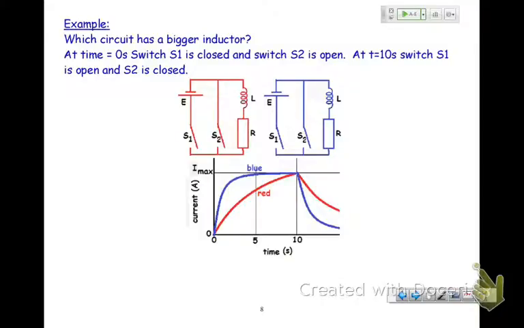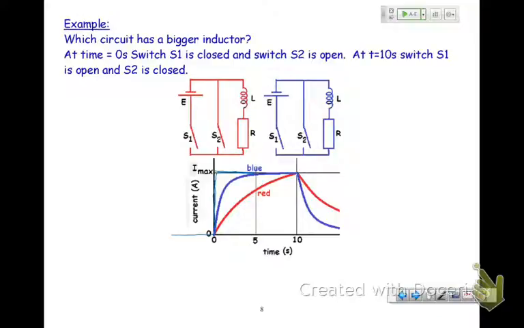Conceptual question here. Which circuit has the biggest inductor? Well, we're looking at the graph, aren't we? This thing has been 0 until you turn it on, and then I think it would go straight up immediately to the maximum value, but it doesn't. It gradually approaches it, but one of these gradually approaches faster than the other. The blue circuit, I'm sorry if you printed it out in black and white like I do in my notes.